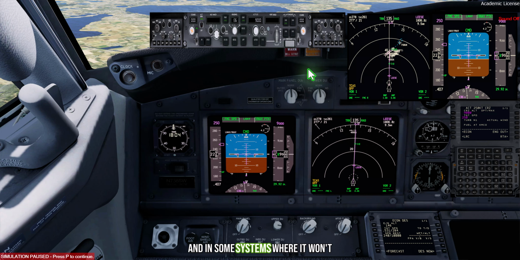And in some systems where it won't engage, then just simply go to that cruise page, enter the information, get a magenta altitude. Now it knows where to calculate the path from, that I'm currently at. Then I'll go up here, engage VNAV. The window will close. You come down here to your FMA in the pitch window and you've got VNAV path.